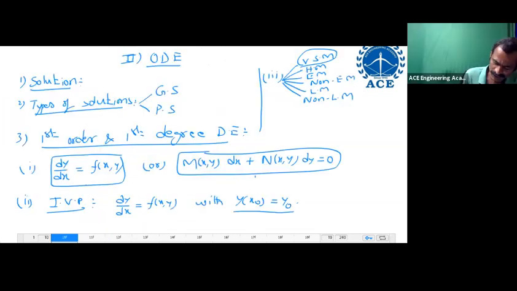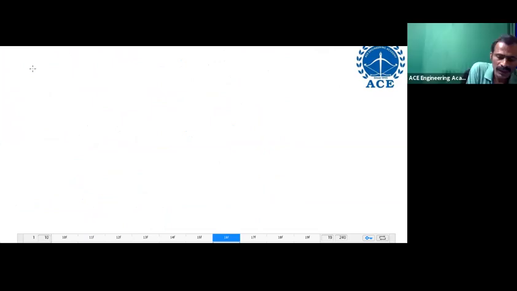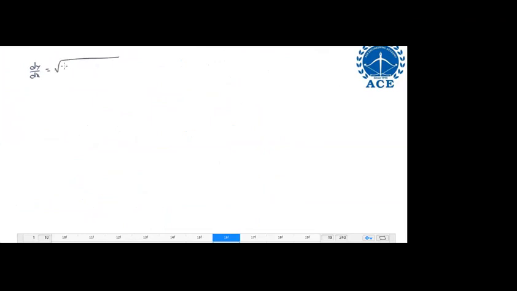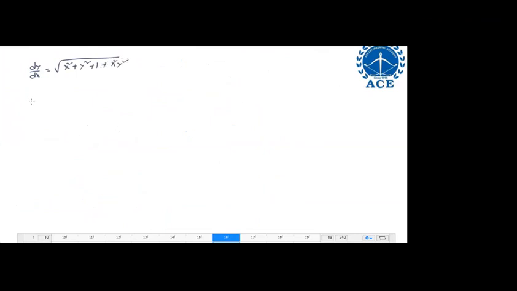Let me write. dy by dx equal to x square plus y square plus 1 plus x square y square.